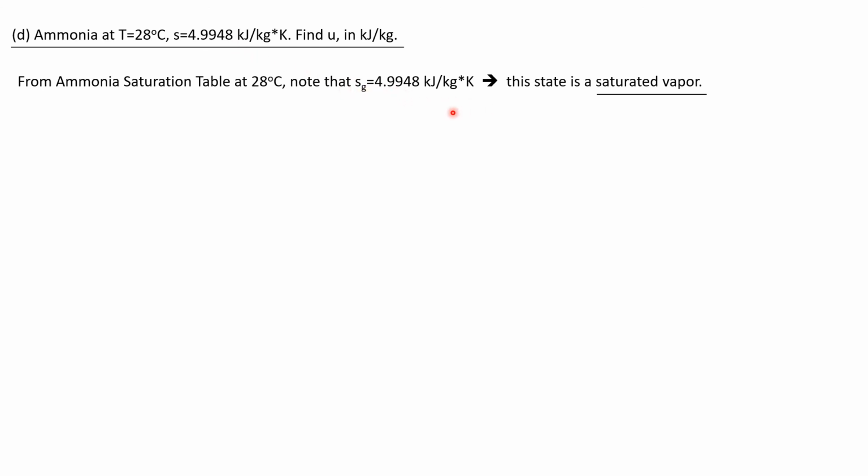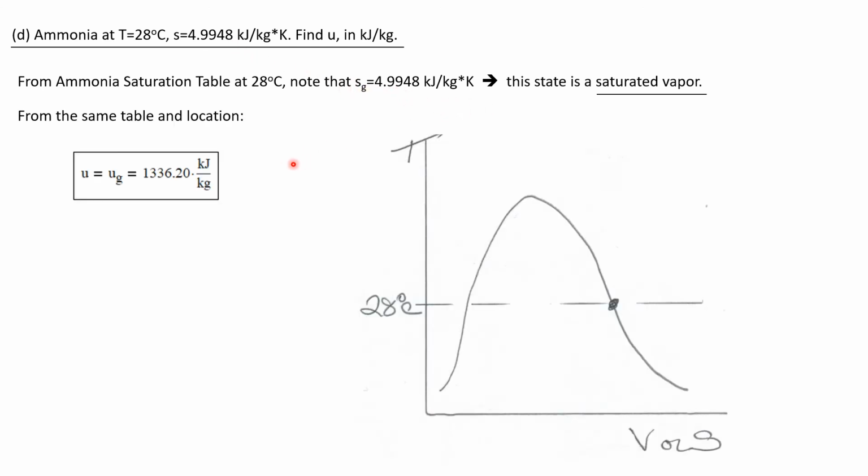So we know that this is a saturated vapor state. And so that's going to plot on our TV or TS diagram on the 28 degree C temperature line, right on the saturated vapor line. And so we can now find the internal energy in the table. It's just u sub g, which is 1336.2 kilojoules per kilogram.